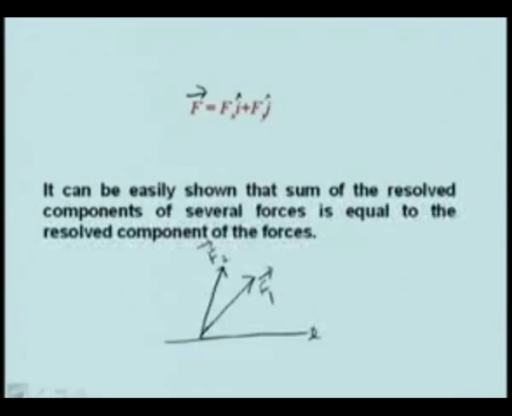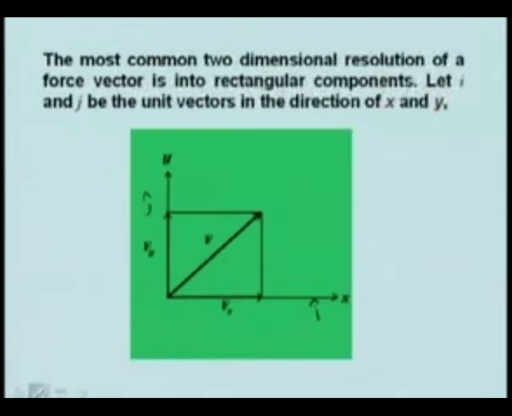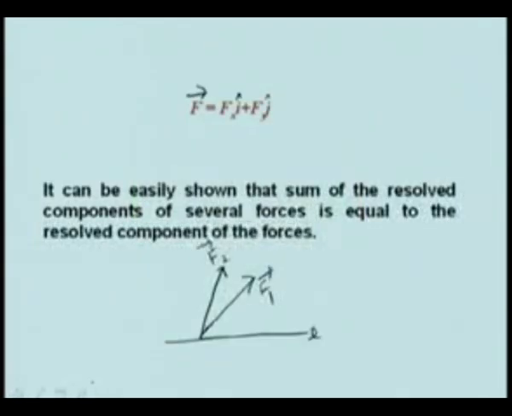So this concludes the basic concepts of engineering mechanics. In this lecture, we have discussed the definition of engineering mechanics. We have discussed the continuum hypothesis, which will be applied while studying the rigid body.